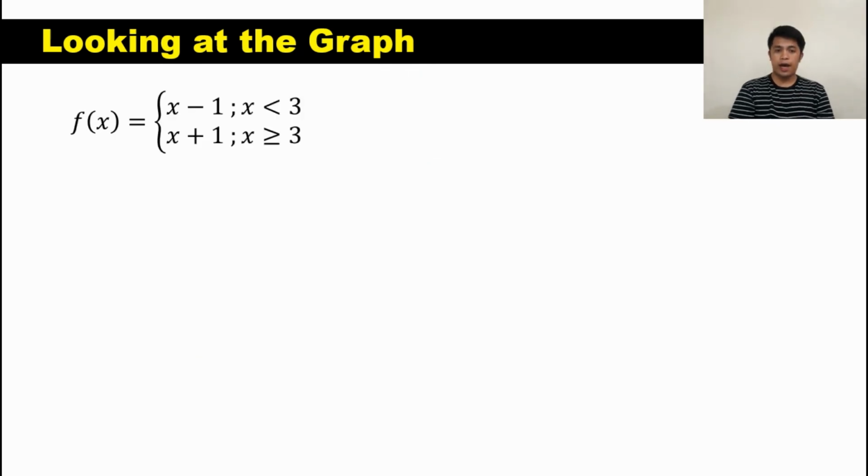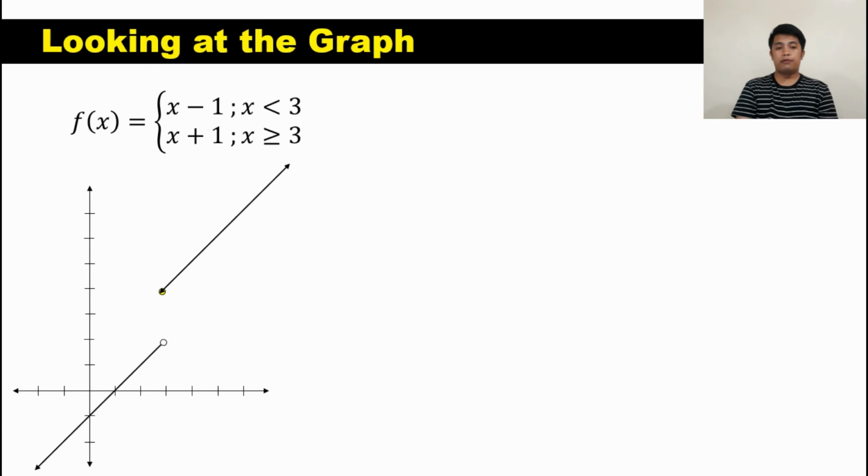Let's try to have another example, and this time let's have a piecewise function which states that f of x is equal to x minus 1 if x is less than 3 and x plus 1 if x is greater than or equal to 3. So, kung atong i-graph na siya, ingon niini ang itsura.